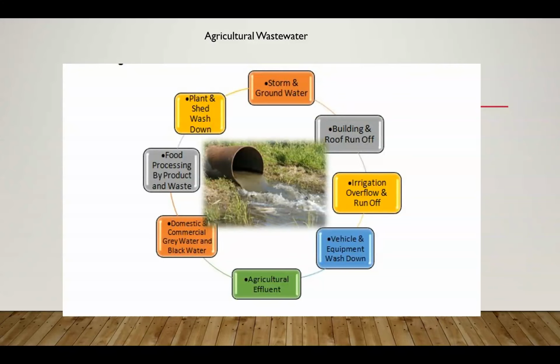Also, you can see in the figure the turbid water from the agriculture field. That means a lot of soil and particles from the soil have merged in the water and made it more turbid.